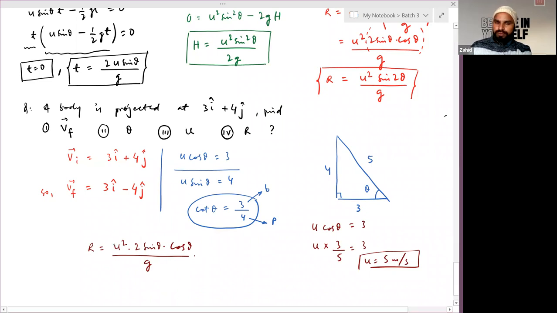Put the value of u to be 5, sine theta to be 4 by 5, cos theta 3 by 5, and gravity as 10, and simplify it.